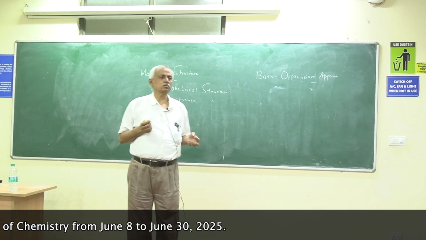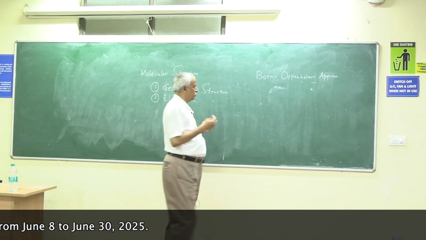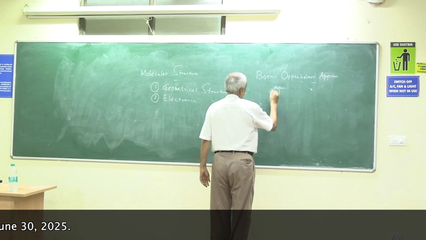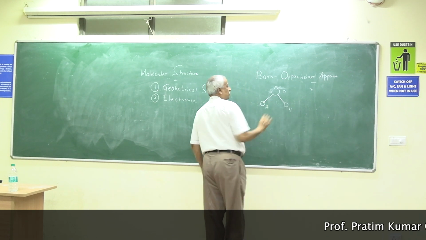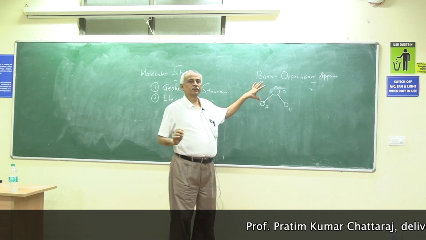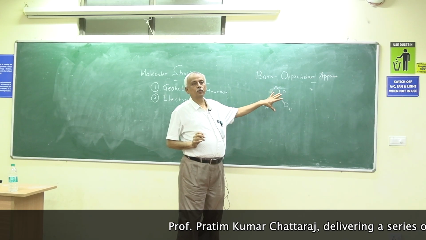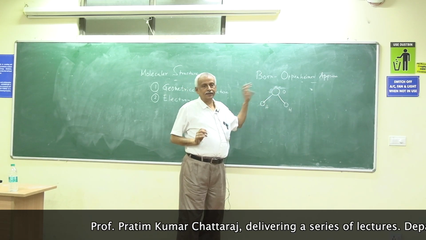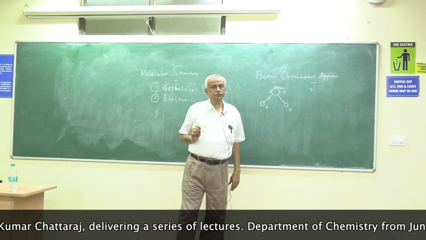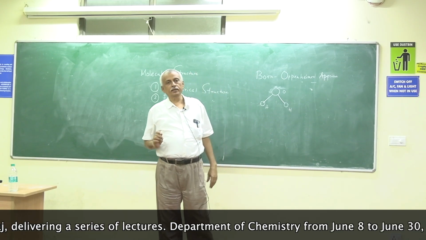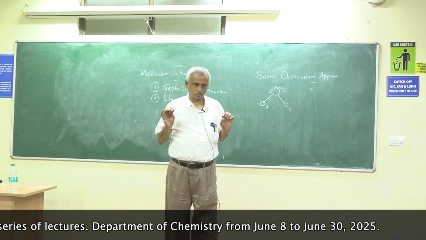Now suppose you have a molecule, let us say a water molecule: this is oxygen, hydrogen, hydrogen. You know that there is something called equilibrium bond length and equilibrium bond angle, and this is what we call the equilibrium geometry or equilibrium molecular structure.